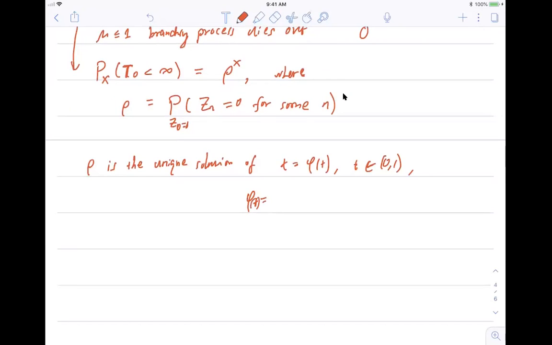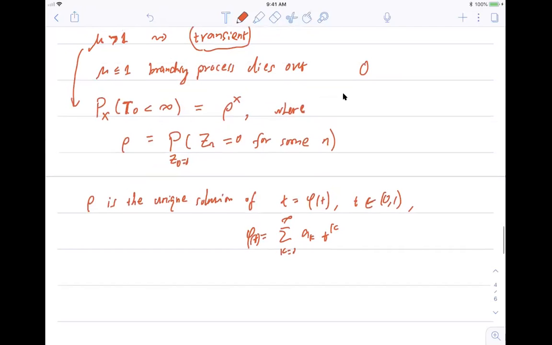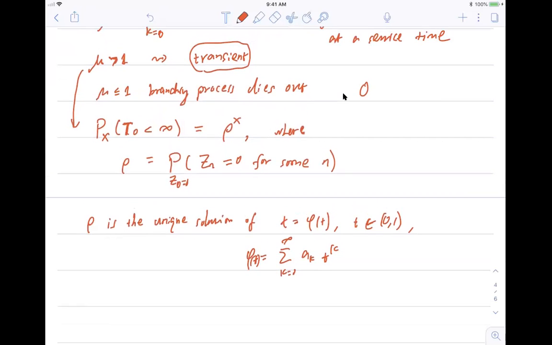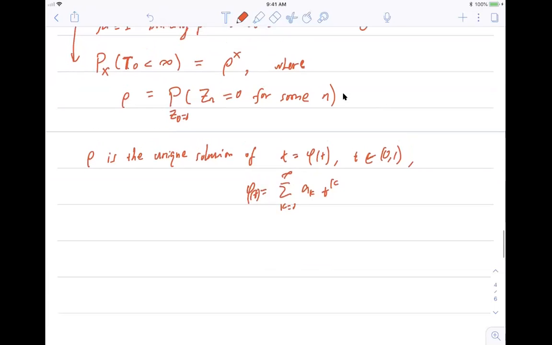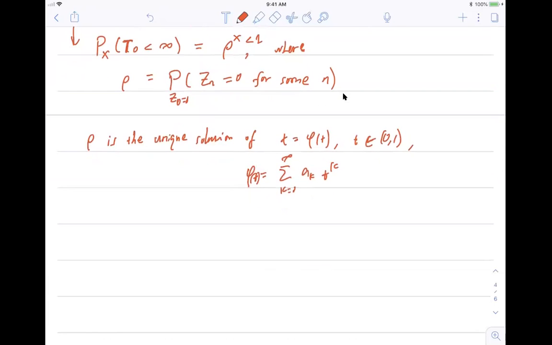So phi of t is the sum over k from 0 to infinity of a_k t to the k. Anyway, rho is the probability it dies out, and this is definitely less than 1.